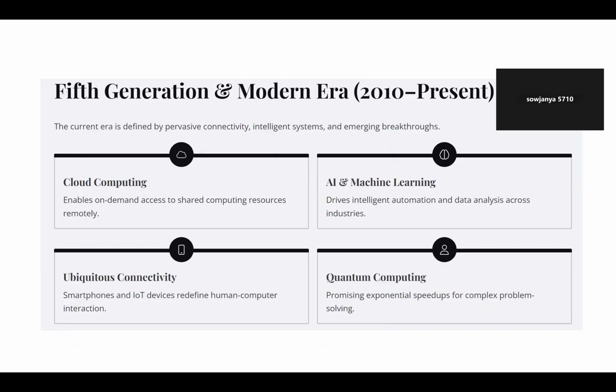That is cloud computing, which enables on-demand access to shared computing resources remotely, and AI and machine learning, which provide intelligent automation and data analysis across industries, and quantum computing, promising exponential speedups for complex problem solving.